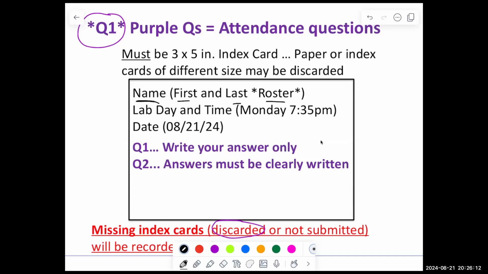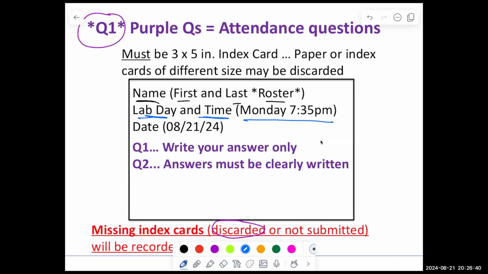You need to tell me when your lab day and time is. Whose lab is on Monday at 7:35? Show your hands. That's what you're going to put. Monday, 7:35. Whose lab is on Tuesday, 7:35? That's what you're going to write down. Whose lab is on Wednesday, 4:25? That's what you're going to write down.